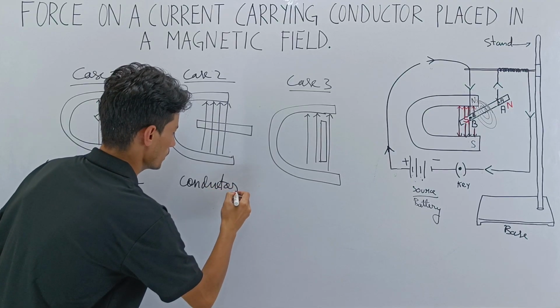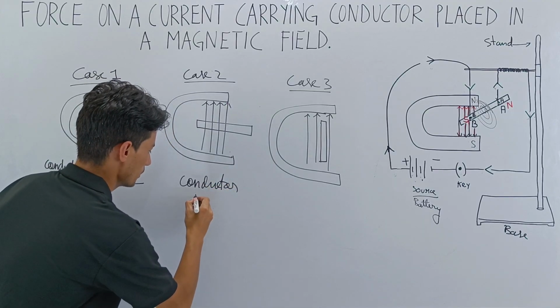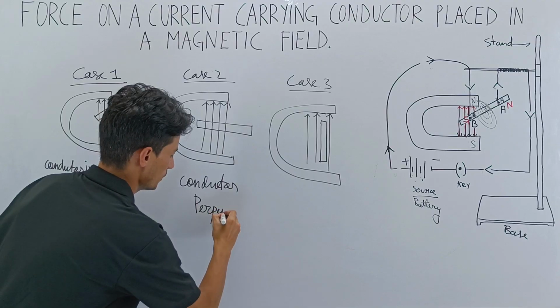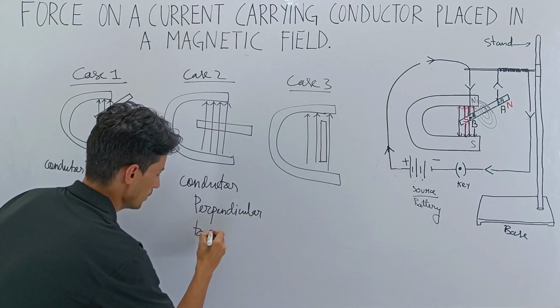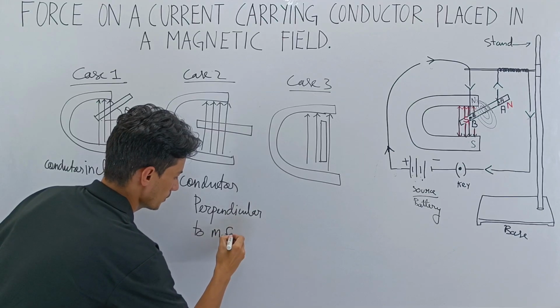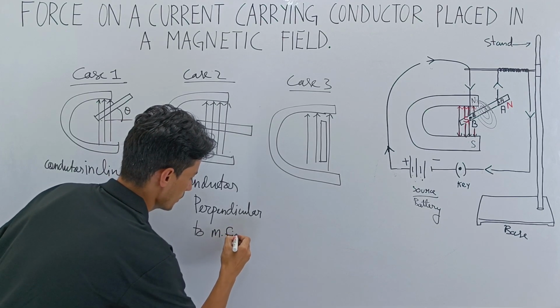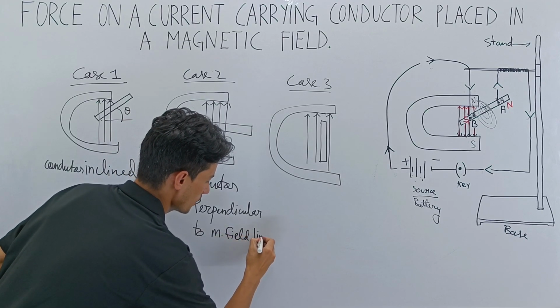So when the conductor is kept inclined, and when the conductor is, see, here the conductor is perpendicular to the magnetic field lines.